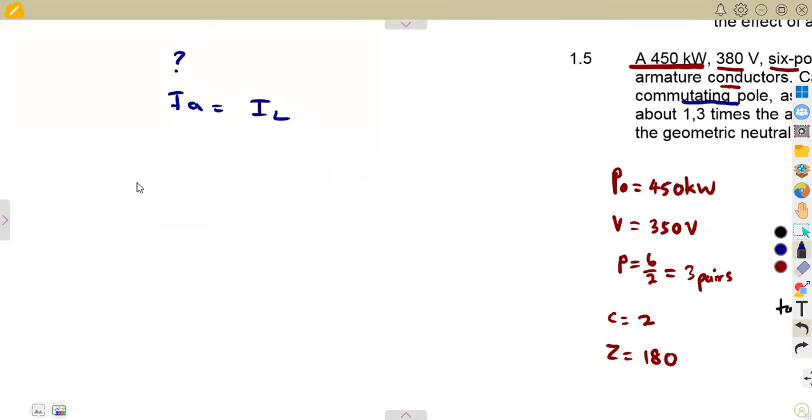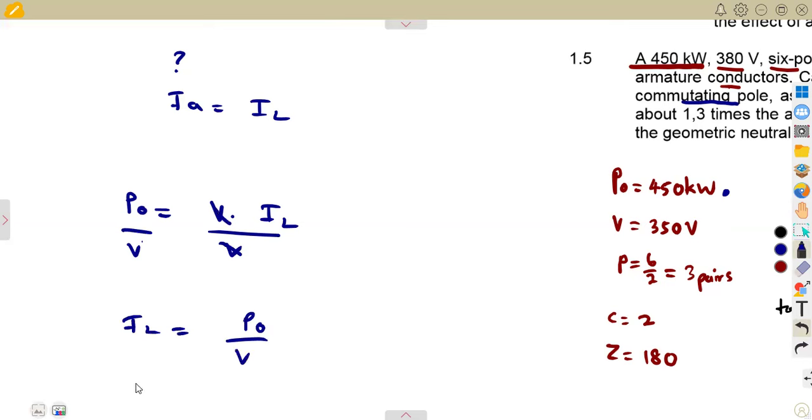Remember, you need the armature current. But where are we going to have the load current? Remember, there's the power output, and we do understand that the power output is given from the voltage times the load current. So meaning to say, if I divide by the voltage, I'm going to obtain the load current: power output over the voltage.